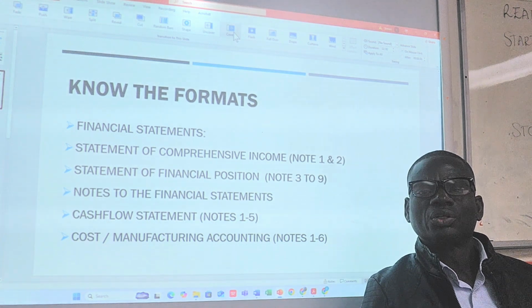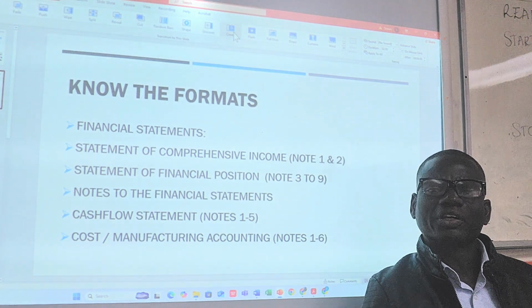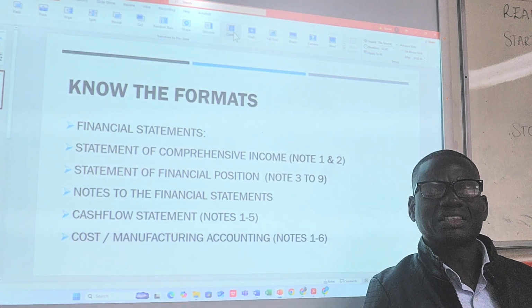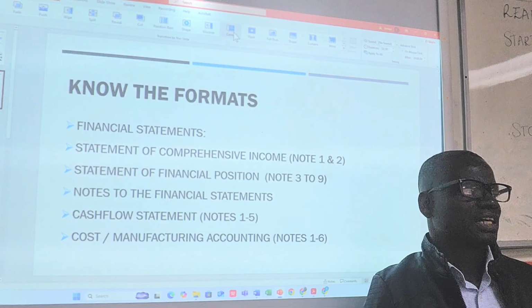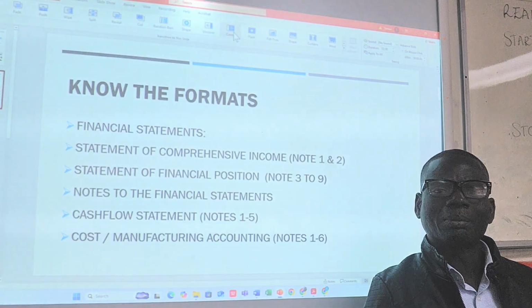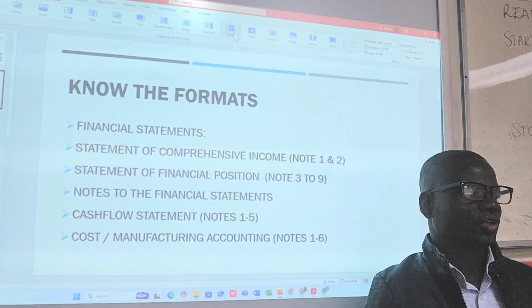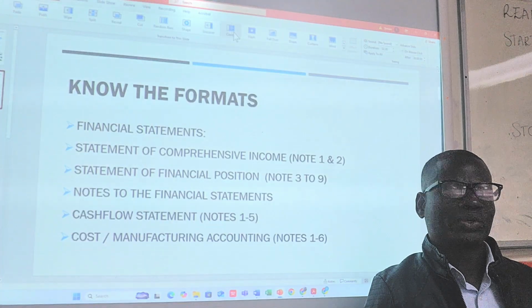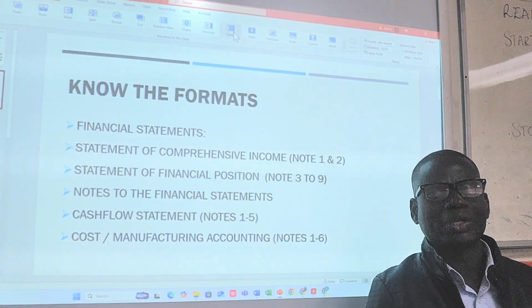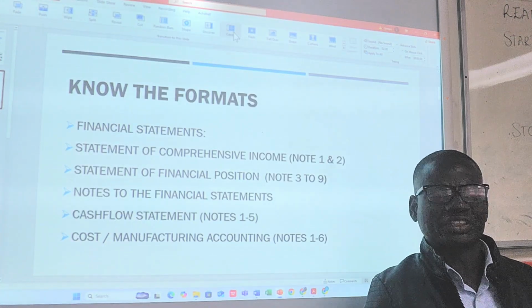Then the statement of financial position, we have note number 3 to number 9. The cash flow statement has note number 1 to number 5. Cost and management accounting, we have cost and manufacturing accounting, we have 6 notes in there.